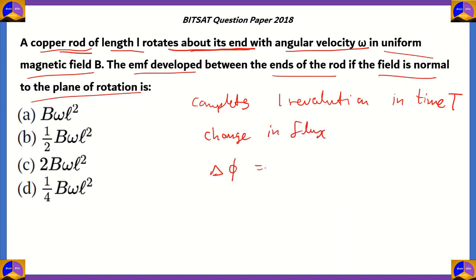So delta phi equals B dot A, and since it's rotating about one end, the area will be pi r squared, which is pi times the length of the rod, L squared.